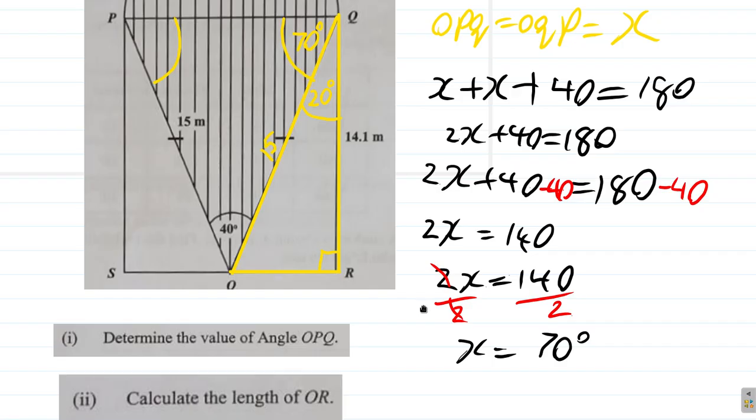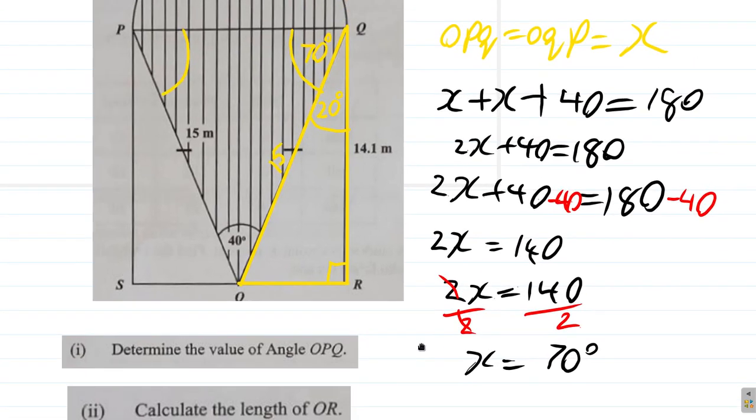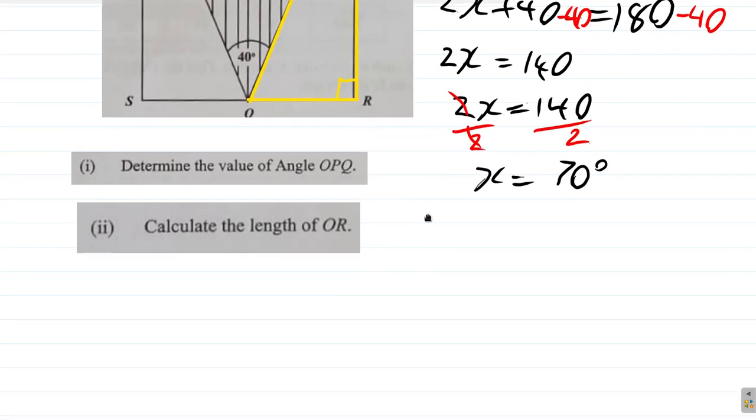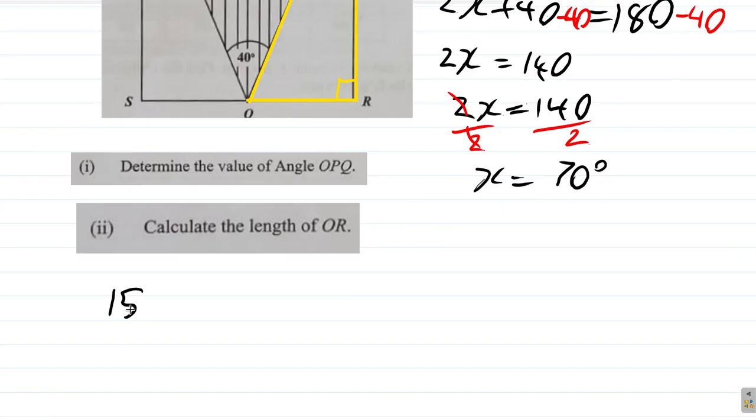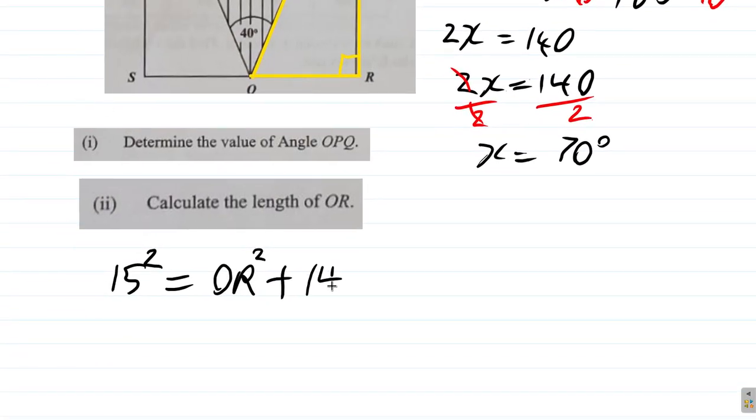Let's use Pythagoras. What Pythagoras theorem says is that the hypotenuse squared, 15 squared, is equal to one of the other sides squared, OR squared, plus the next side squared, 14.1 squared.